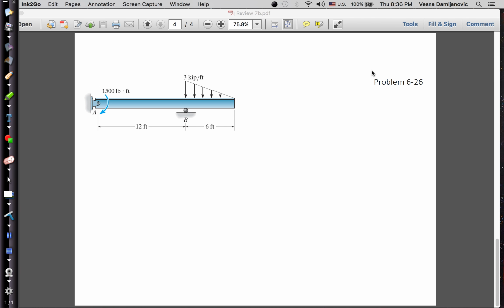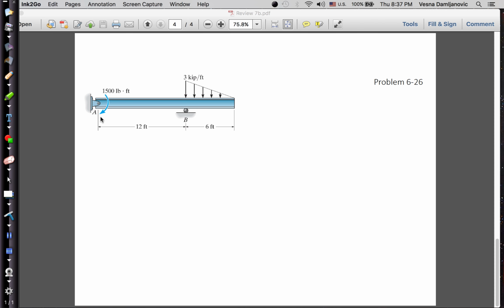So our last problem is problem 626. We see we have a triangularly distributed load, so basically a decreasing distributed load. We have two supports. Don't worry that this one is sideways instead of vertical as we're used to, because it's the same thing, a pin support.